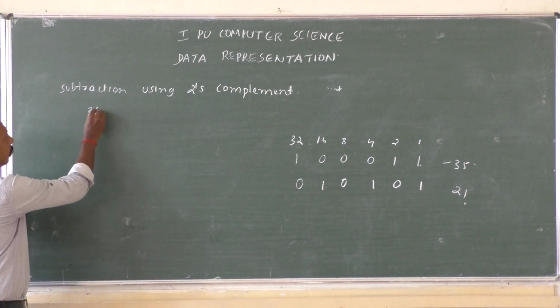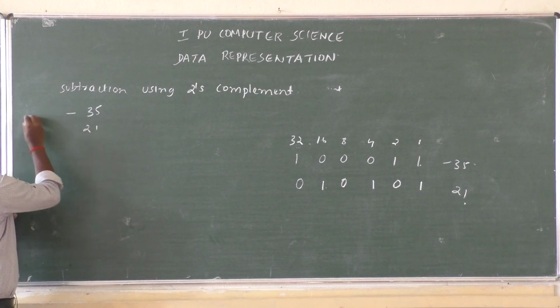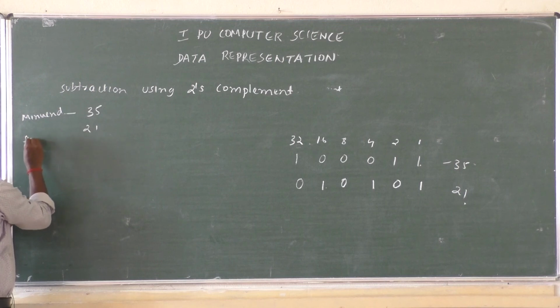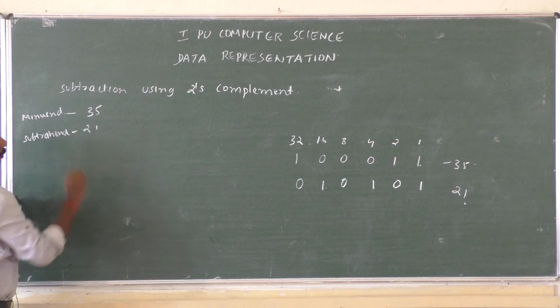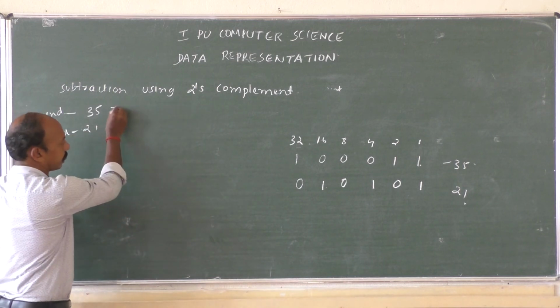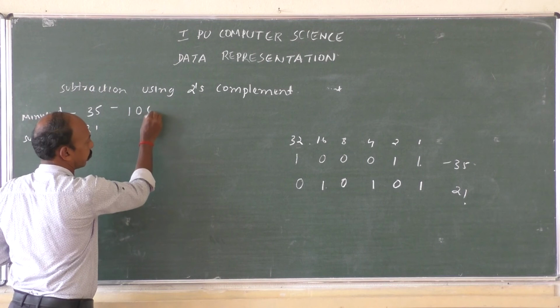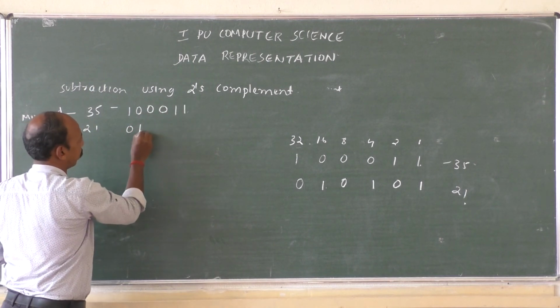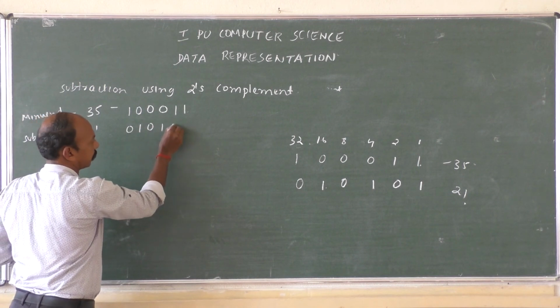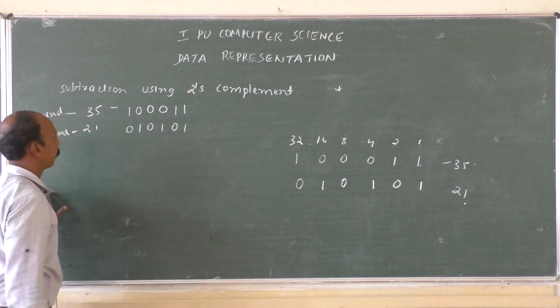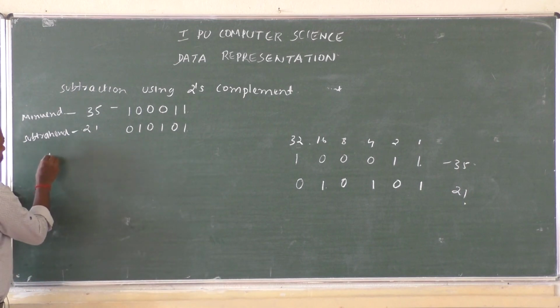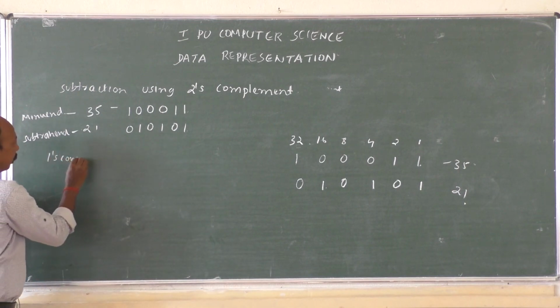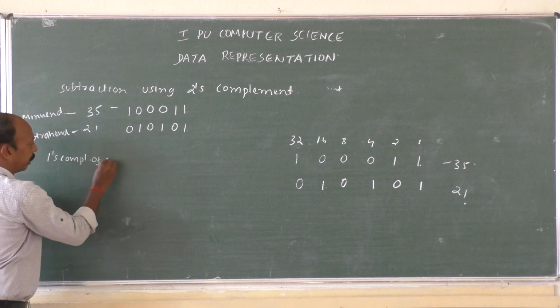35, 21, minuend and subtrahend. Thirty-five is 1, 0, 0, 0, 1, 1. 21 is 0, 1, 0, 1, 0, 1. Take 1's complement of subtrahend.